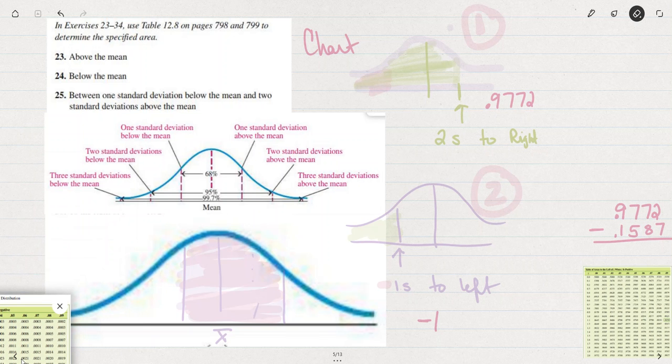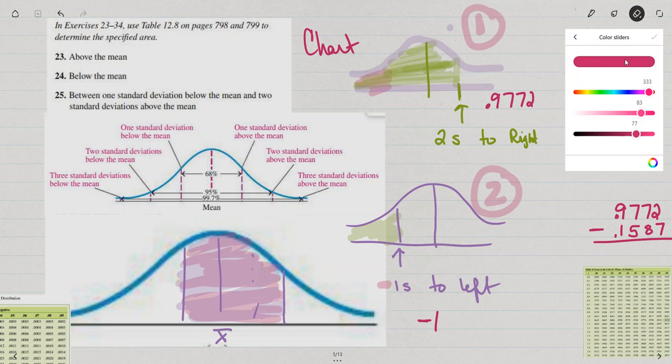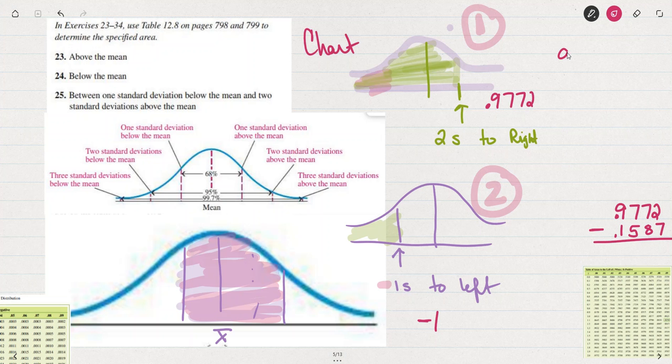There we go. These 2 green charts in the bottom right and left corners are saying that 97.72% of the data is somewhere 2 standard deviations to the right of the mean or lower.